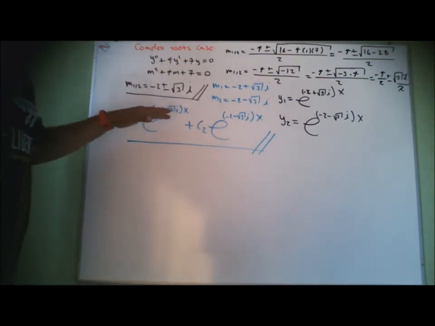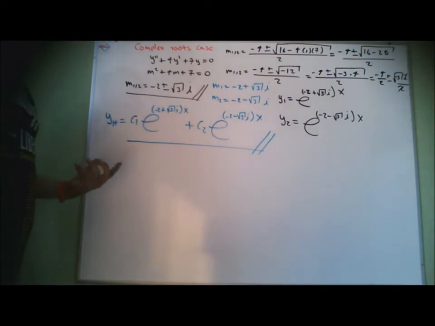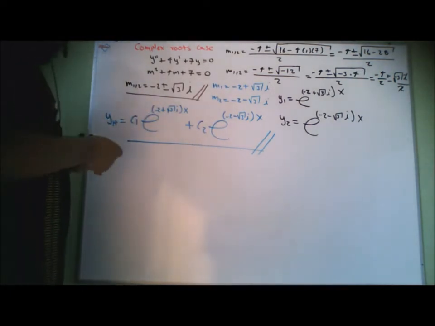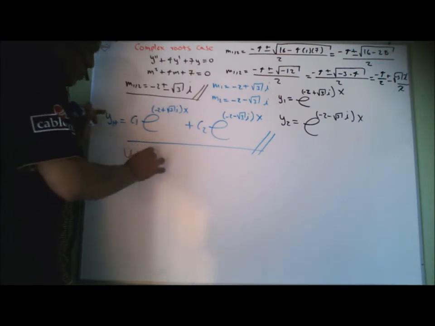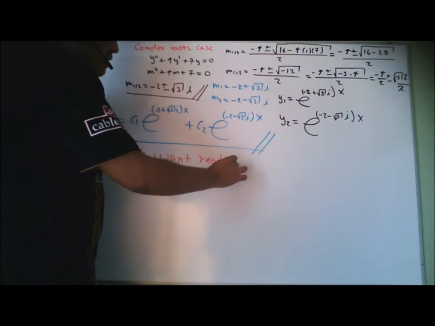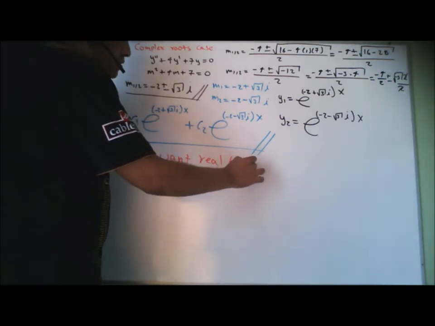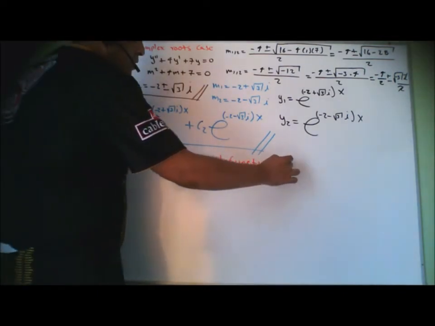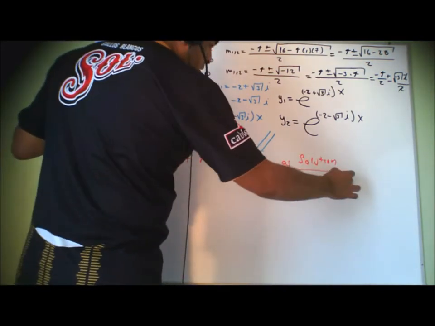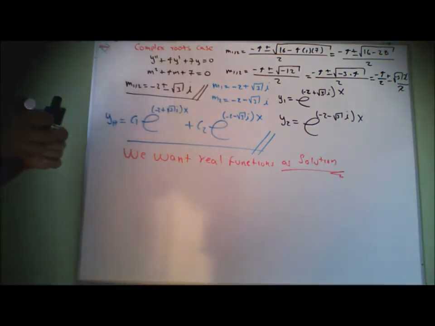Even though this is correct, we want a different solution. So in the end we want real functions as solutions. Imaginary functions are not useful for engineering. Okay, so that is the problem.